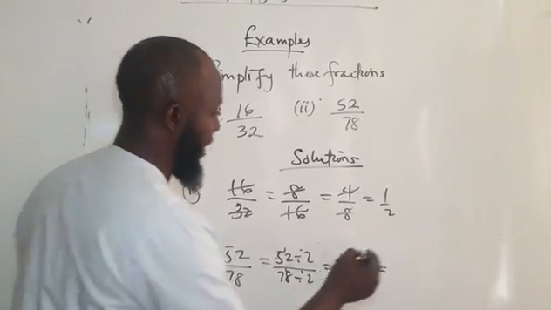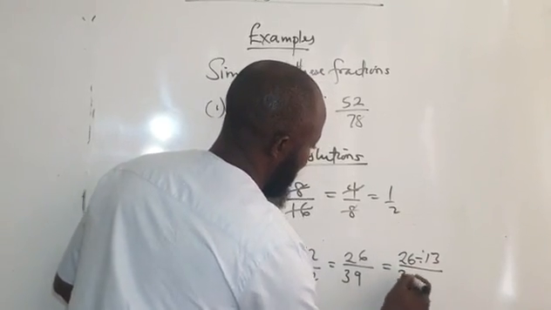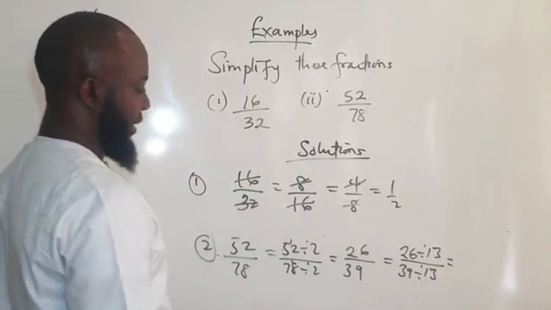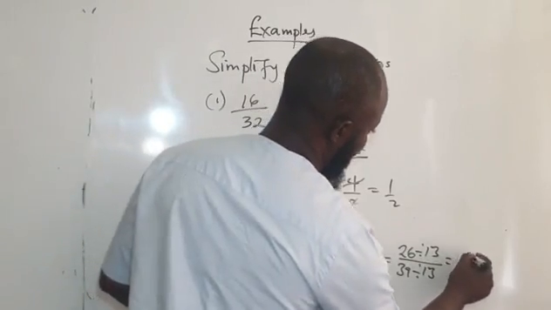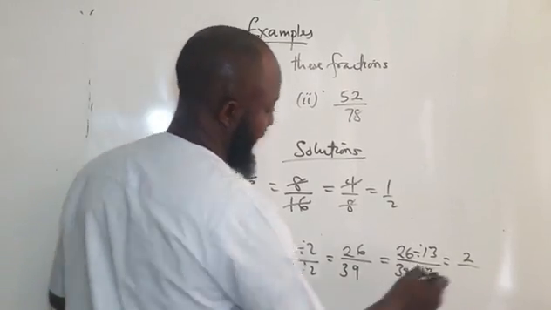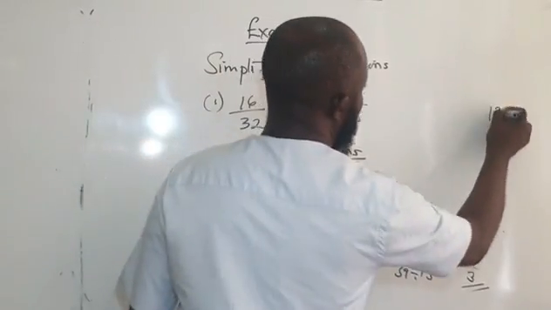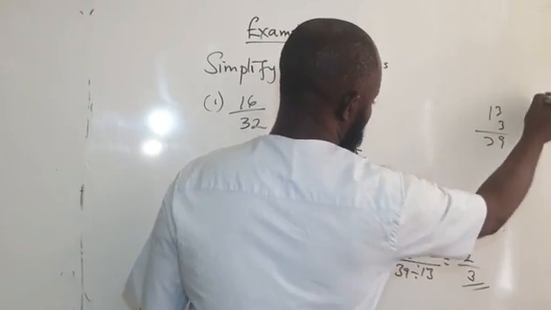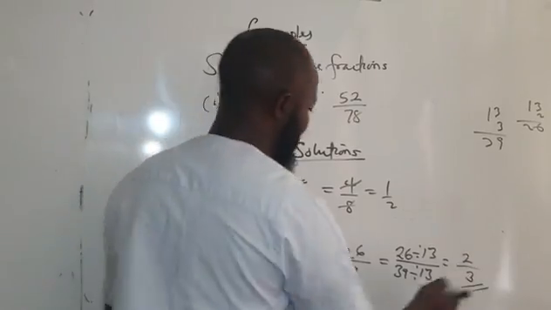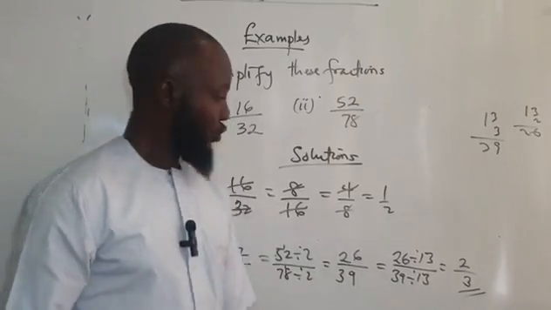So in that case, we are going to have 26 divided by 13, then 39 divided by 13. 26 divided by 13 gives us 2, and 39 divided by 13 gives 3. So the answer equals 2 over 3. Look at this: 13 times 3 is 39, and 13 times 2 is 26. Exactly. So we have reduced this to its lowest term of 2 over 3.